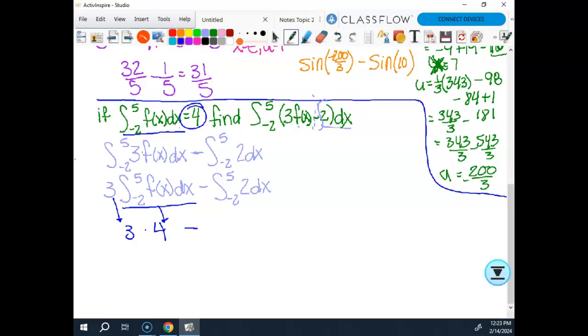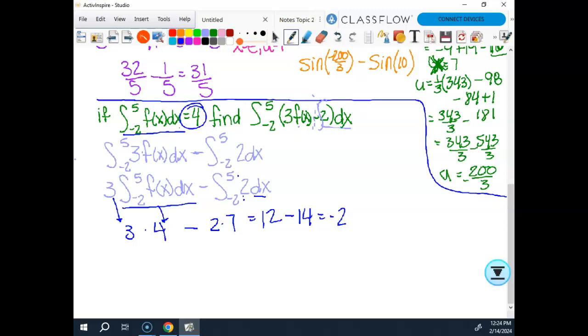And then I can go through all of that. But remember what this means. This is just 2 times the change in x. What is your change in x here? 7. 5 minus a negative 2 is 7, right? So this is really just minus 2 times 7, which is going to give you 12 minus 14, which is a negative 2.